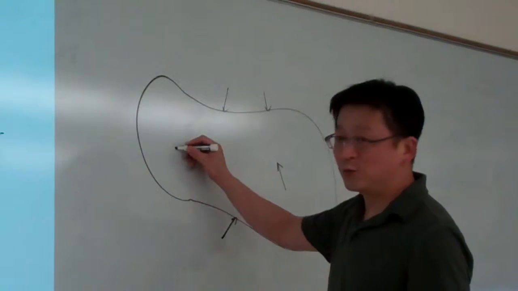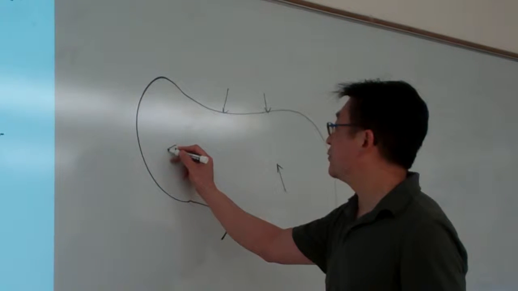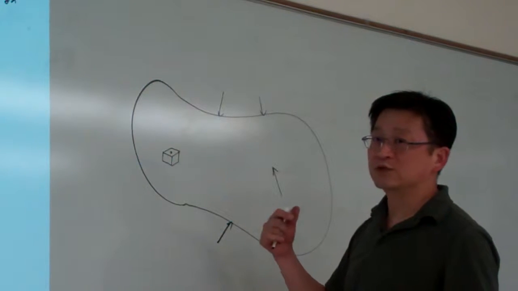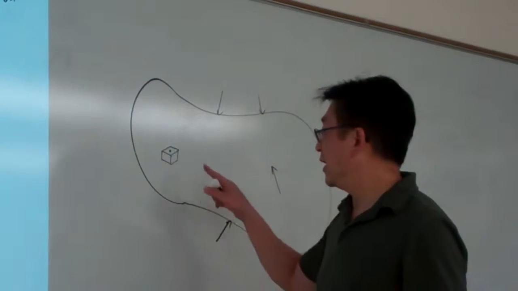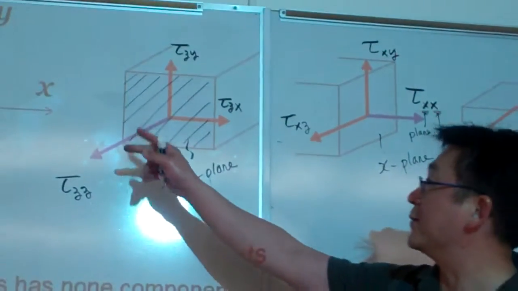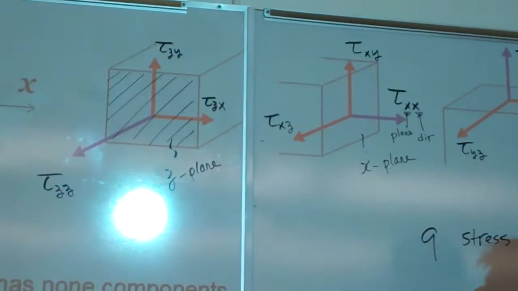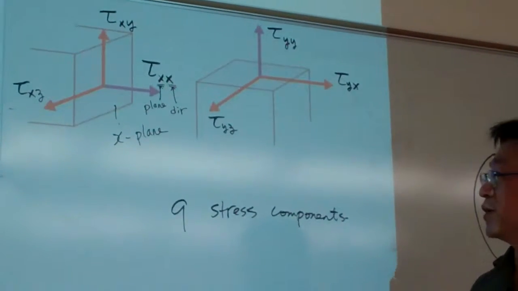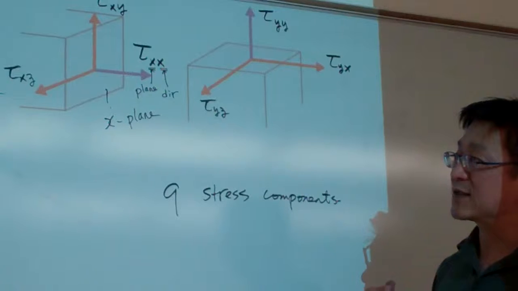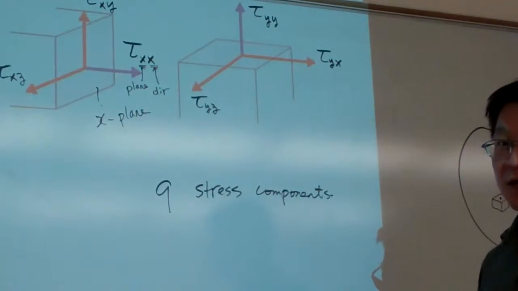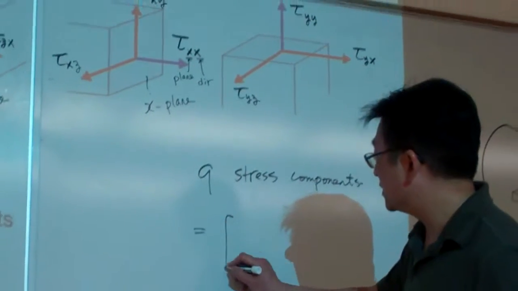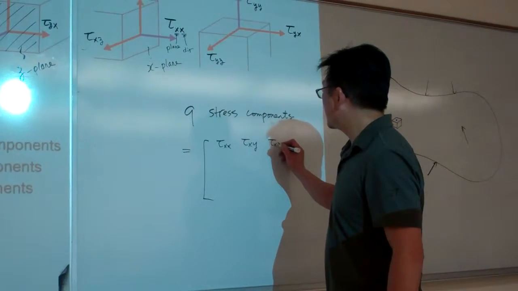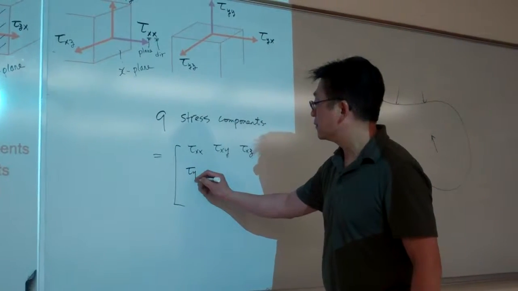If we're interested in this point, we can pick a small cube around that point to describe the distribution of the stress. And this small cube is, in concept, just like what we did here. So in total, nothing more, nothing less, we use nine stress components to describe the state of stress in the general 3D case. And the nine stress components here are tau xx, tau xy, tau xz, and so on. We can write them into matrix form.